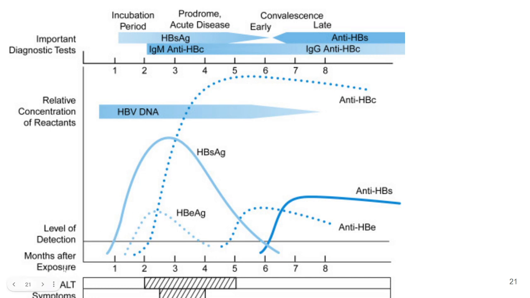It is mentioned as months, but it's not months, it's weeks. It may continue for a long time, up to about 6 weeks. Then anti-HBs, another antibody present in the body, may be present for a long time, and the core antibody also may remain for a long time in the body.